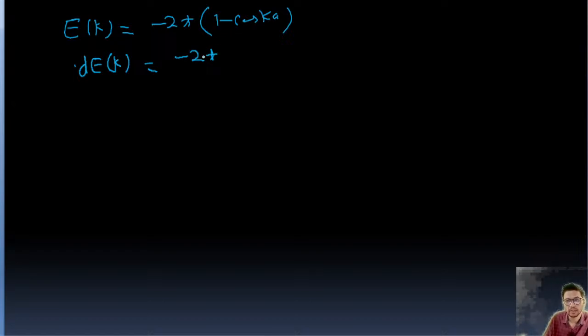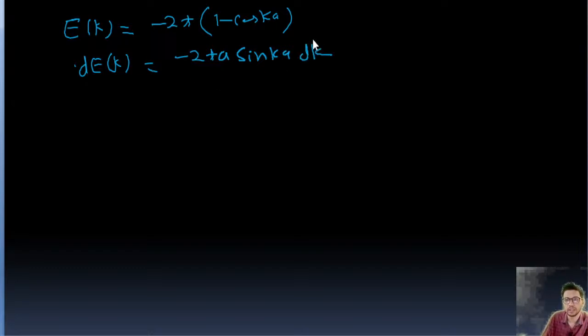Then the differentiation of cos is minus sine, so we get 2ta sine k. This is dE by dk.